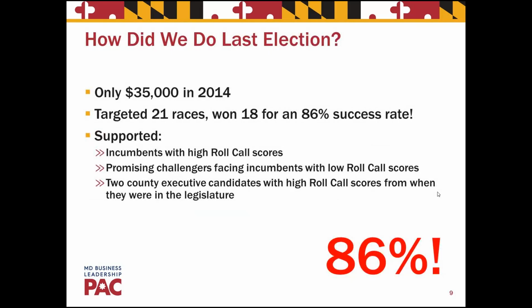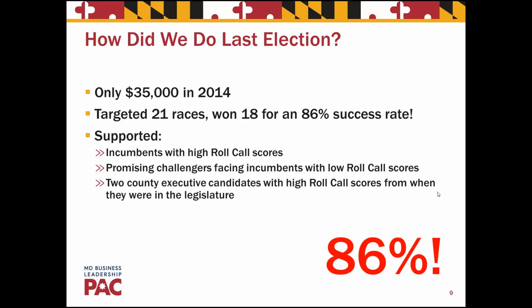Let me show you where the money went last time and how successful we were. We had only $35,000 in the bank for the 2014 election, so we had to get very targeted and not spread those funds too thinly. We targeted 21 races, and we were actually successful in winning 18 of those 21 races, for an 86% success rate, which is completely unheard of.